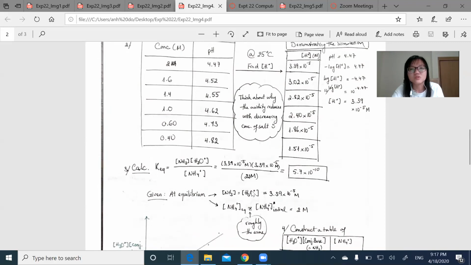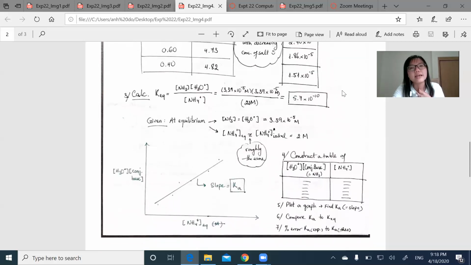And the concentration of your reactant would be roughly the same at the start as when it reaches equilibrium. So if our concentration for the salt was 2 molar and the concentration for H plus, which we calculated, is 3.39 times 10 to the negative 5, then we'll just plug these values into the equation and find K and Q.